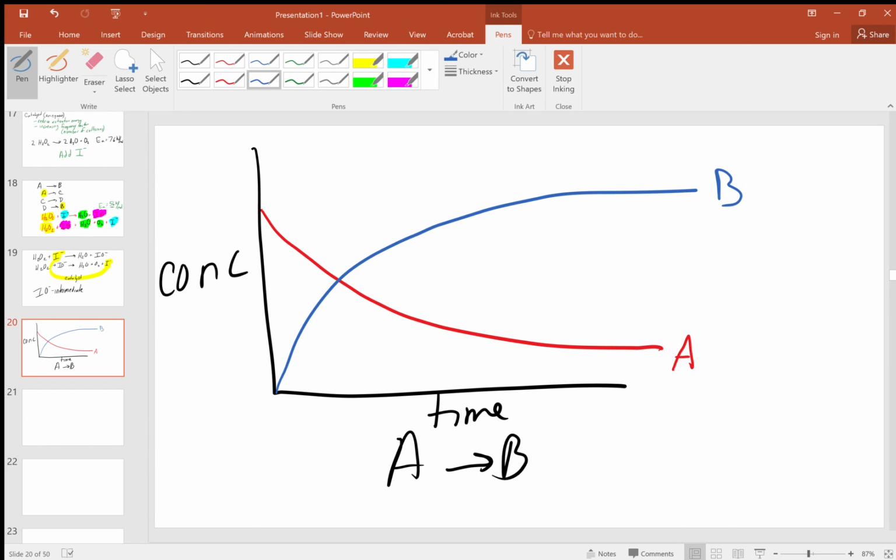So at some point, we reach a point where the speed of the reaction A going to B is equal to the rate of the reaction B going back to A. And this point is what we call chemical equilibrium. And that's where we'll pick up in our next video.